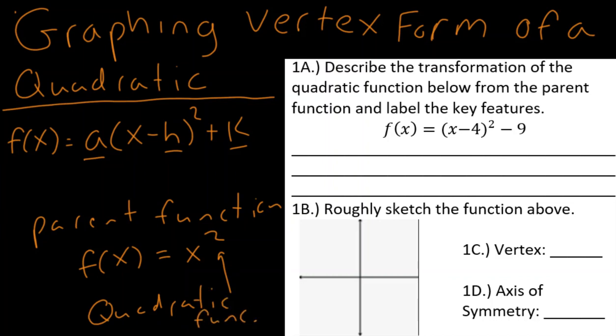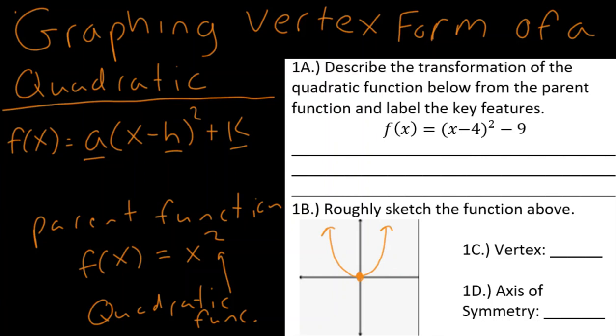We can just abbreviate function. Okay, so that's the parent function, and the parent function looks something like this. It has a vertex at the origin, (0, 0), and it has a positive a value, and it opens up this way.